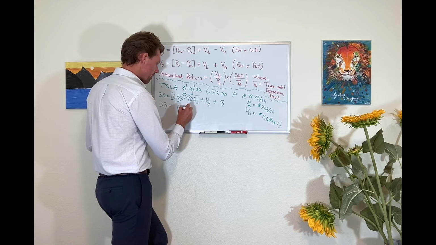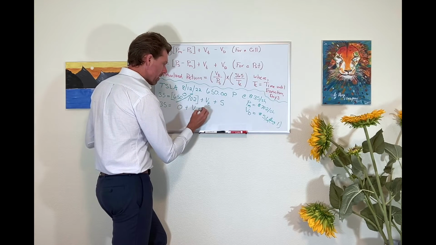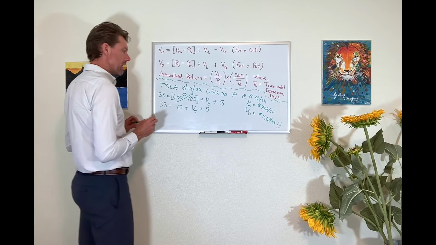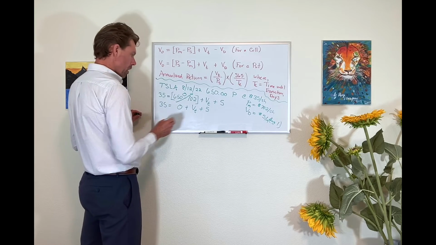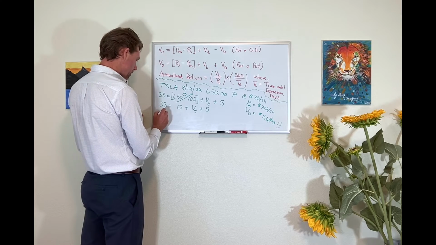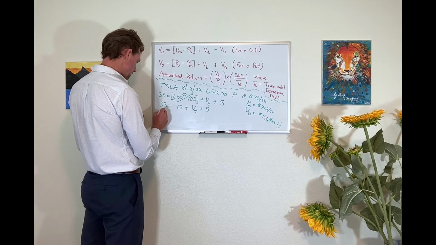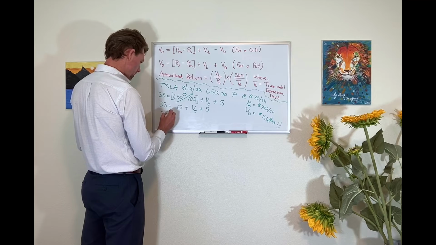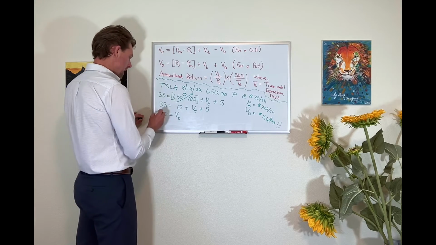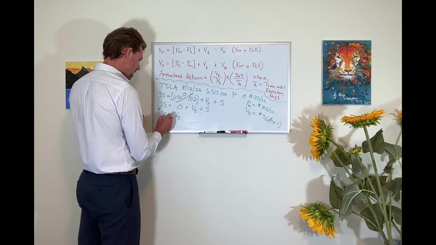Plus VT plus the dividend value of 5. Okay, so minusing the 5 back over here, we have 30. And that is our time value.